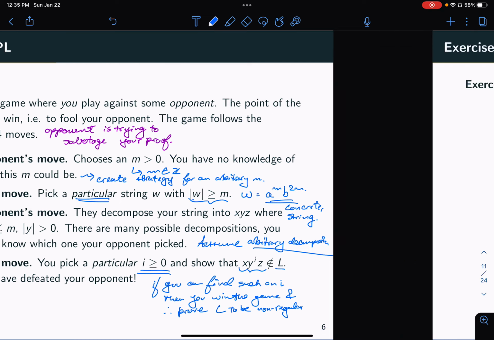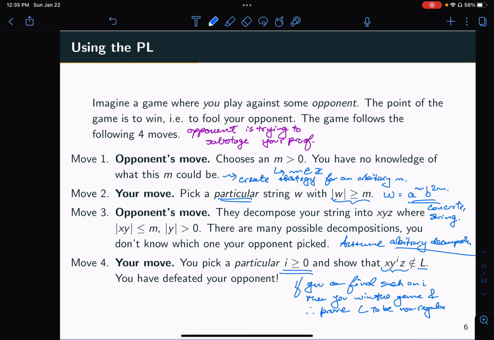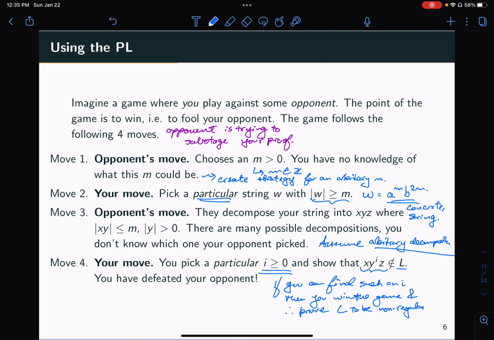I have an exercise here, but I don't want to do that right now. Let's look at an example in the next video. But really what I want you to take away from this explanation is that you're playing a game, and there are very strict rules to follow when you play a game.